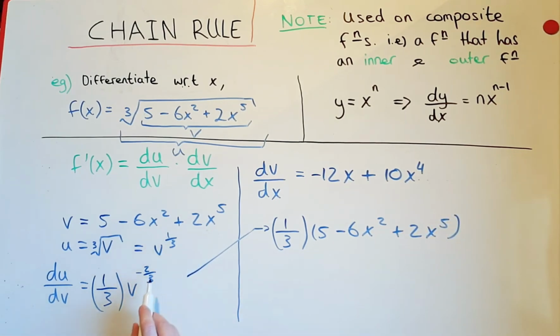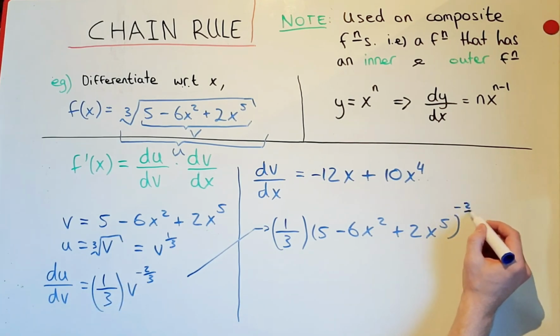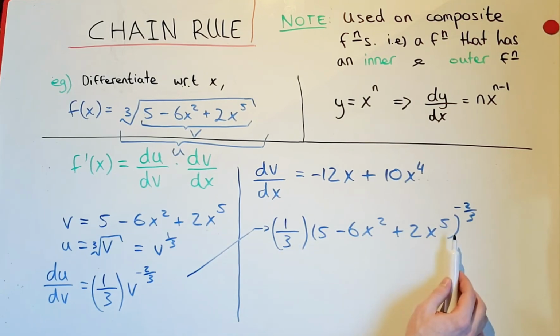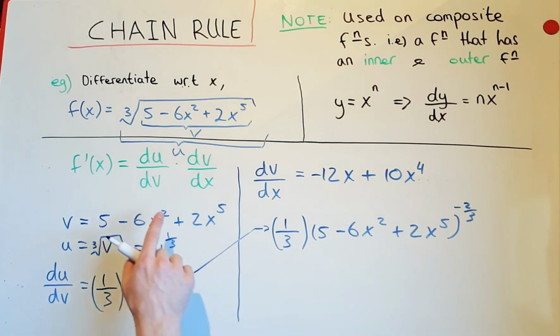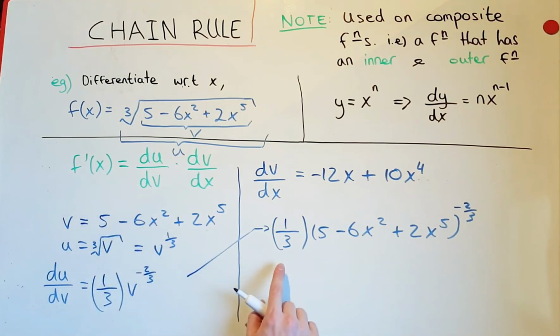And we can see that the v here is to the power of minus 2 over 3. So if you just realize that this here is equal to this, we've just inserted the v expression in here. All right, so now we have our true, let's say, du dv equation right here.